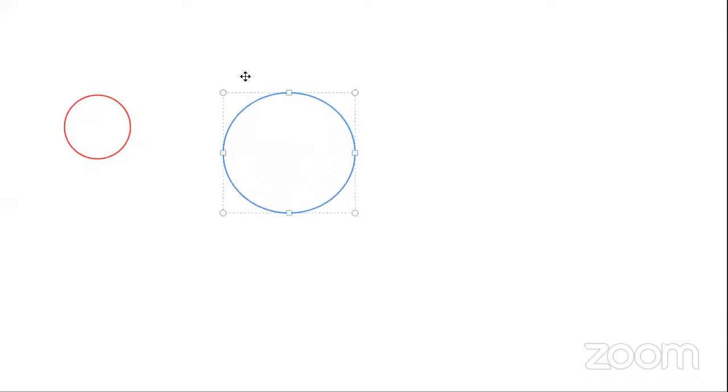Let us consider the first sphere here, and the second sphere I am going to denote by a different color. In the problem, what they have given is the radii of the two spheres are capital R and 2R.